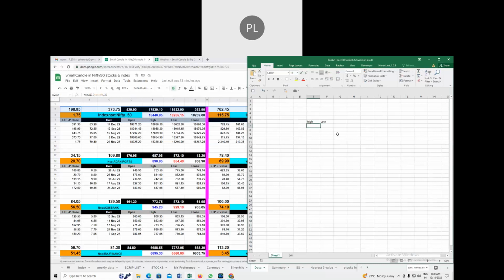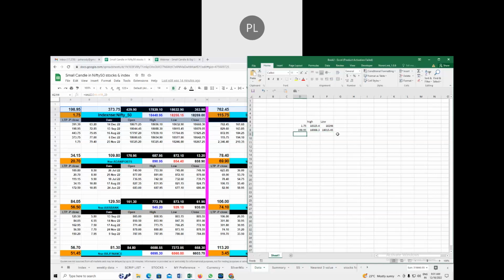The nearest candle high is 18,325.40 and the other one is 18,246, and the second value which is very near to this is 18088.30 and 18015.45, because this is 1.75 points away from the LTP and this is 198.95 away from the LTP.